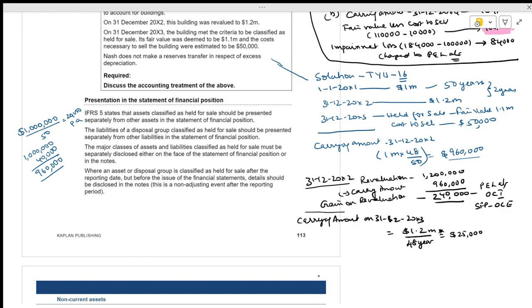Carrying amount will be how much? 1,200 minus 25,000. It comes to 1,175. Is it right? Now, how much have they made the things here?